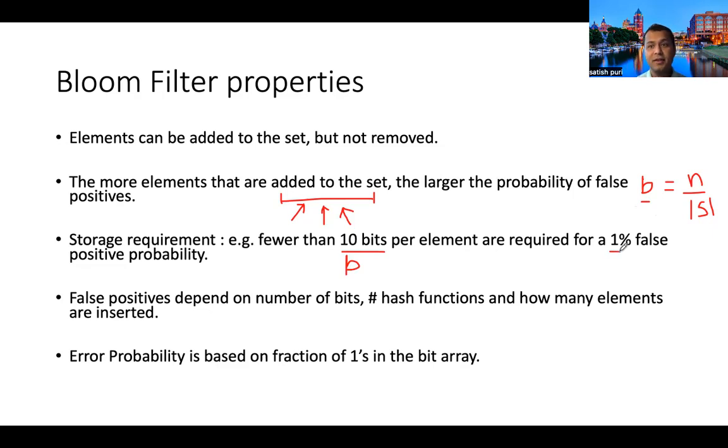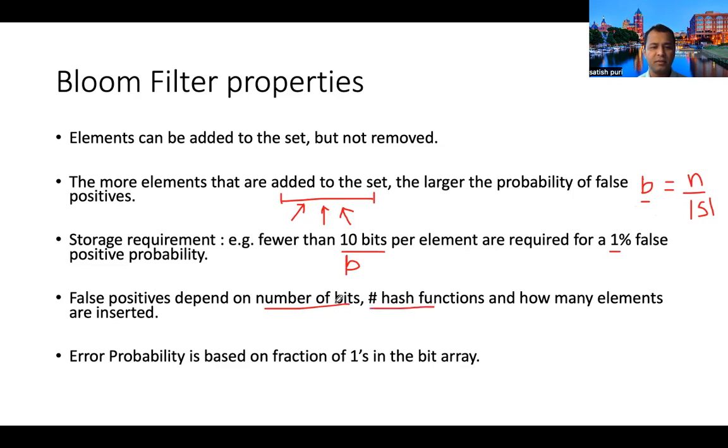So 1% is actually a good number, because out of 100, 1 is a false positive. So the data structure is good, right? Only 1% false positive. If you have a minimum false positive rate, that's actually a good thing for the data structure. So we will see that the false positive depends on the number of bits, the number of hash functions.